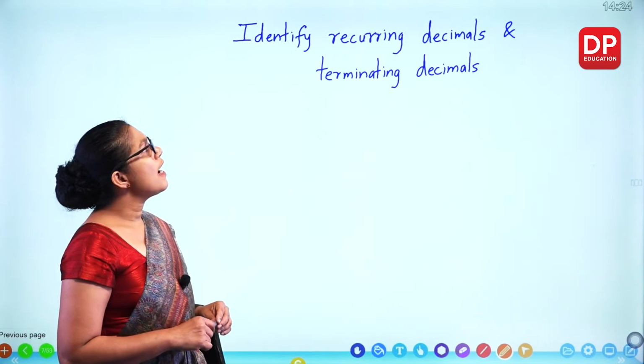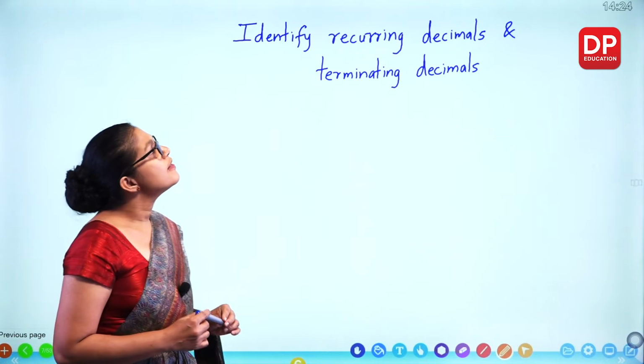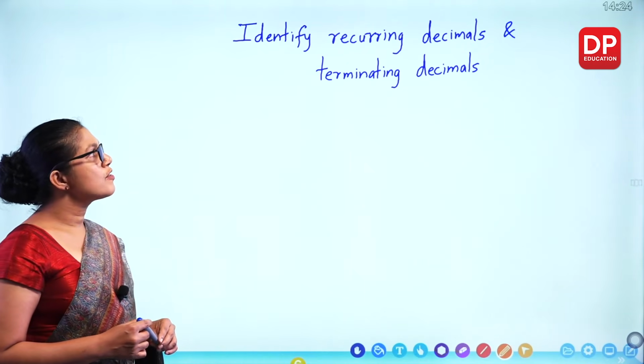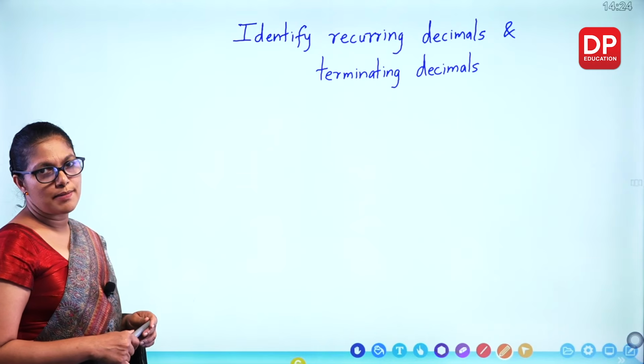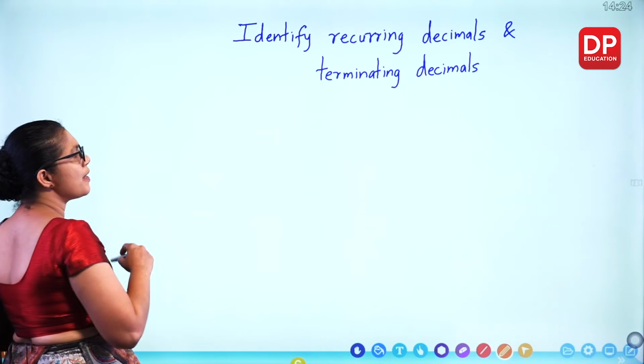How can we identify whether the numbers are recurring decimals or terminating decimals? So here there's a small theory part.